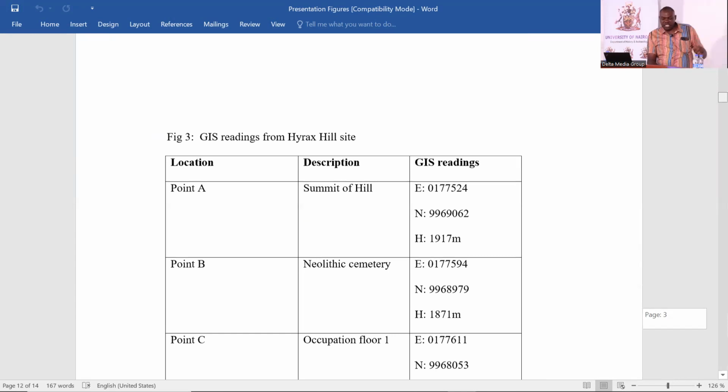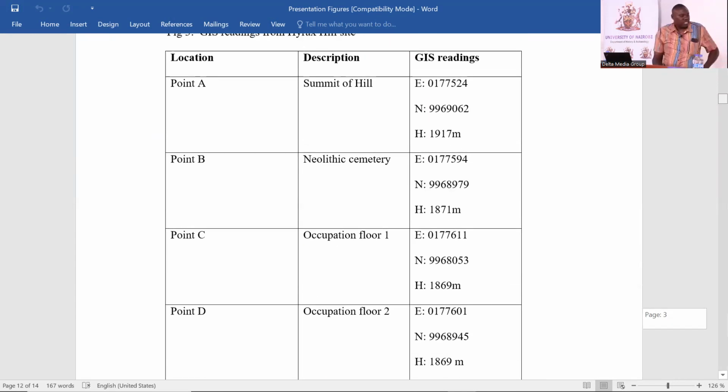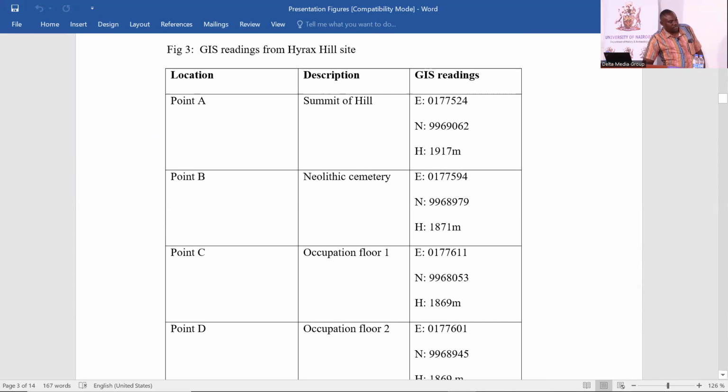Okay, what we are seeing on the screen is actually locational data of the key sites within the Irax Hill, where we have the summit of the hill, the Neolithic cemetery, occupational floor number 1, occupational floor number 2, and the GIS readings are provided at the end there.